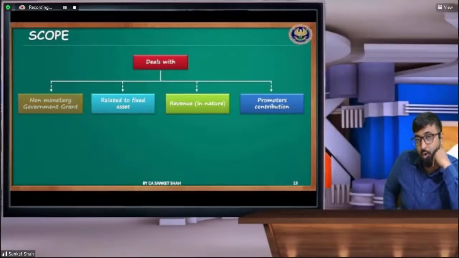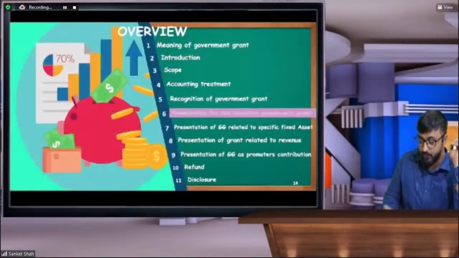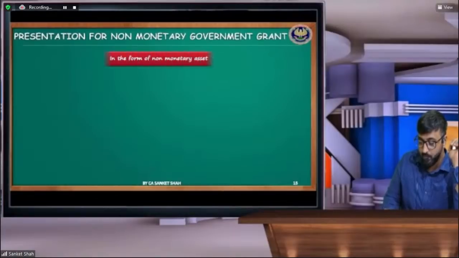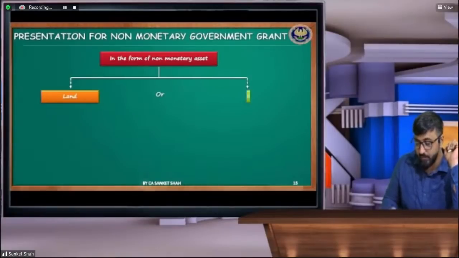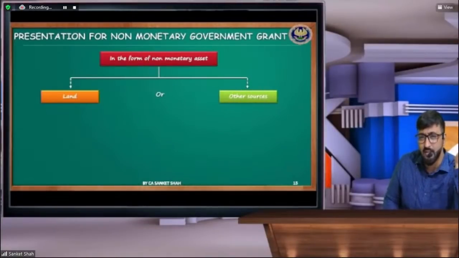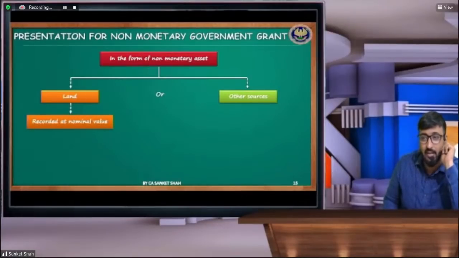What do you think? What about non-monetary government grant? Non-monetary means, beta, land and other sources. Other sources means if you are getting it at a very concessional rate. So land is recorded at nominal value if you are getting the government grant in the form of land, free of cost.